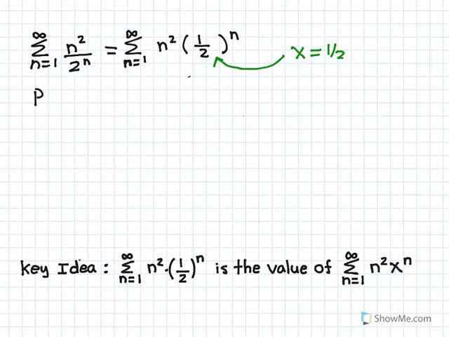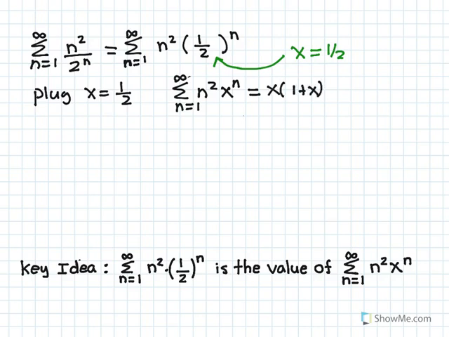So let's plug x equals 1/2 inside this power series, the summation of n squared x to the power of n, n equals 1 to infinity, which is equal to x times (1 plus x) divided by (1 minus x) to the power of 3. We're going to plug x equals 1/2 and find the sum. We're able to find the sum because x equals 1/2 is inside the interval of convergence. x equals 1/2 is inside negative 1 and 1. For this reason, we can find the sum.